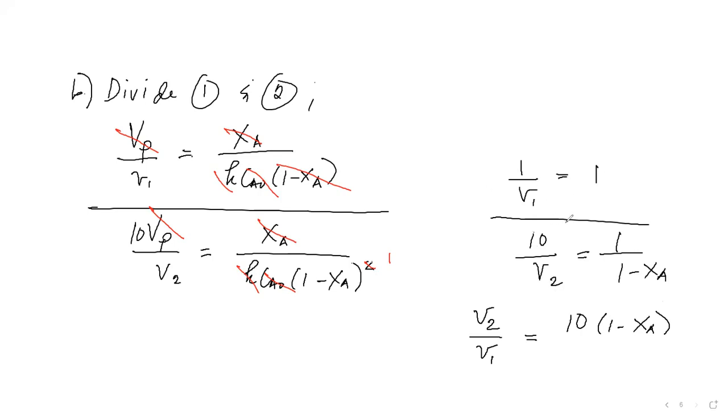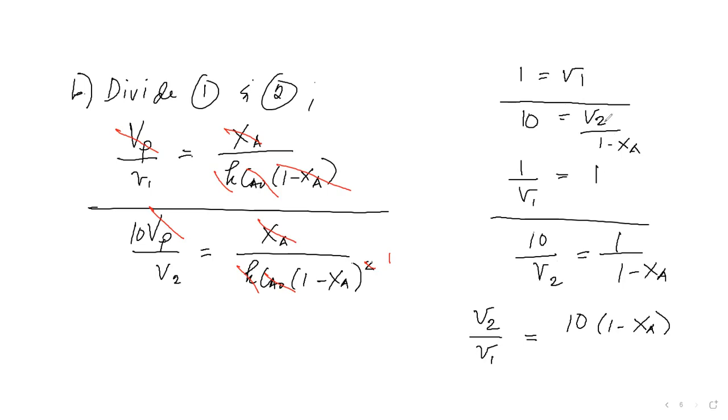Actually this one goes up, so you have 10 here, and V2 goes there, V2 over 1 minus XA.